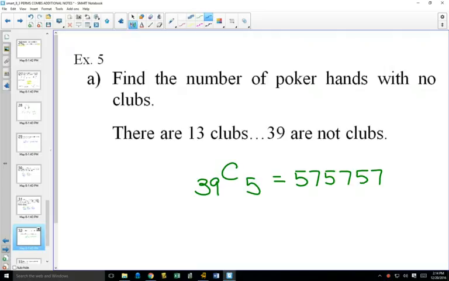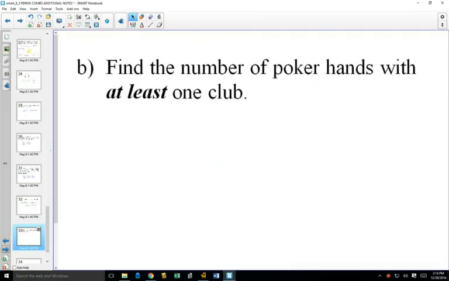Now, for this last question, how many poker hands have at least 1 club, I'm going to be a salesman. I'm going to try and sell you 3 different strategies. I'm going to try and sell you that all 3 strategies work.